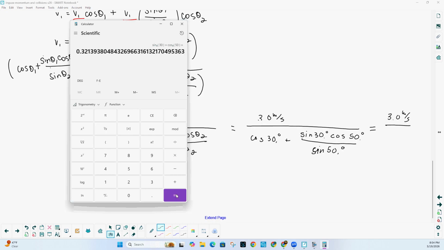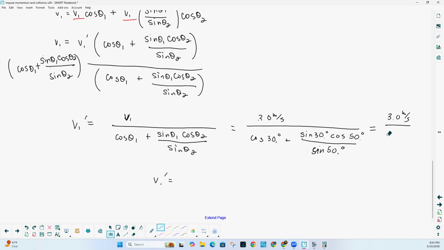And then I'm going to divide that by the sine of 50 degrees. And then I'm going to add that to the cosine of 30 degrees. Okay, so for this bottom piece, we get 1.28.